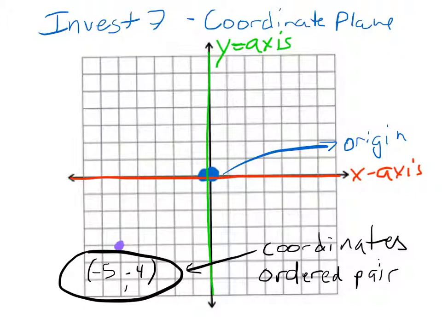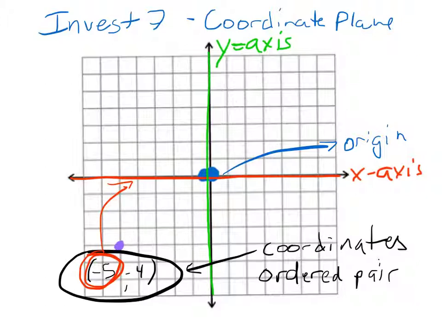So we also need to know a few things. This first number I'm going to color in red because the first number tells us where we need to go on the x-axis line. This time it was a -5, so I went -1, -2, -3, -4, -5 right here.